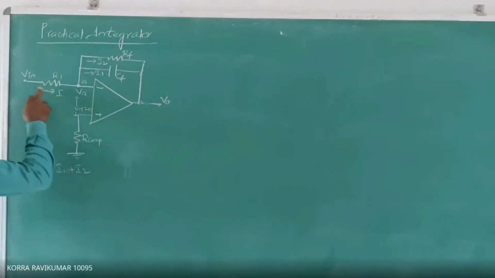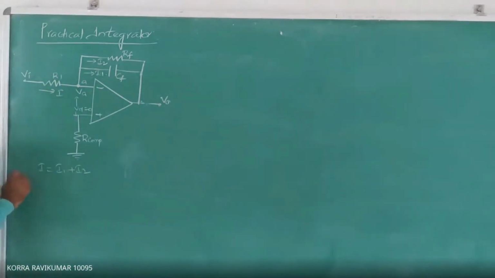So I equals voltage by resistance, VIN minus VA by R1.